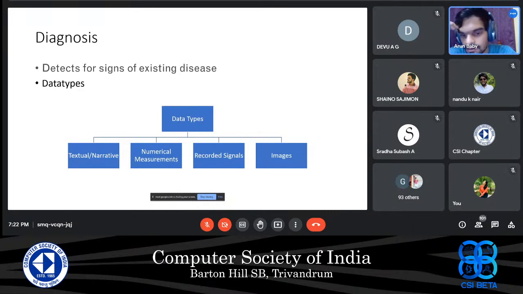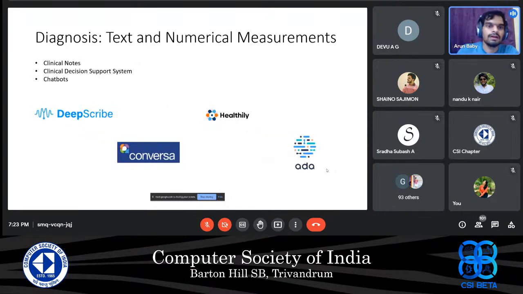So these are the main data types, and a lot of investment and research is going on in diagnostic imaging, and it has produced a lot of really great improvements in AI-enabled solutions.